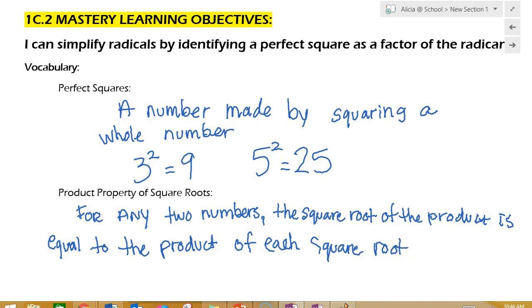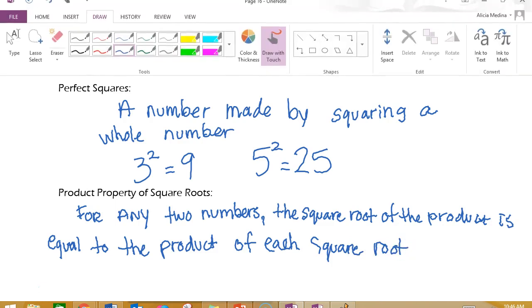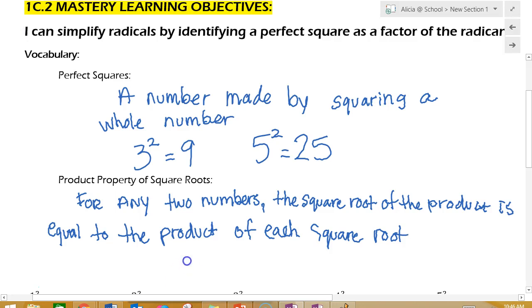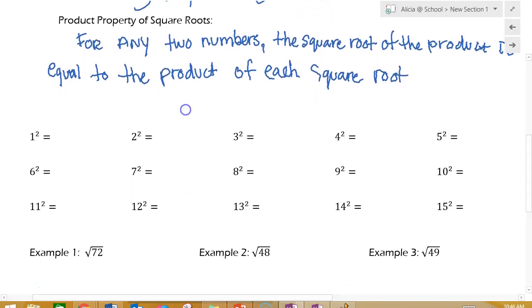I do apologize for my board being sloppy, it's hard to see. So again, for any two numbers, the square root of the product is equal to the product of each square root.